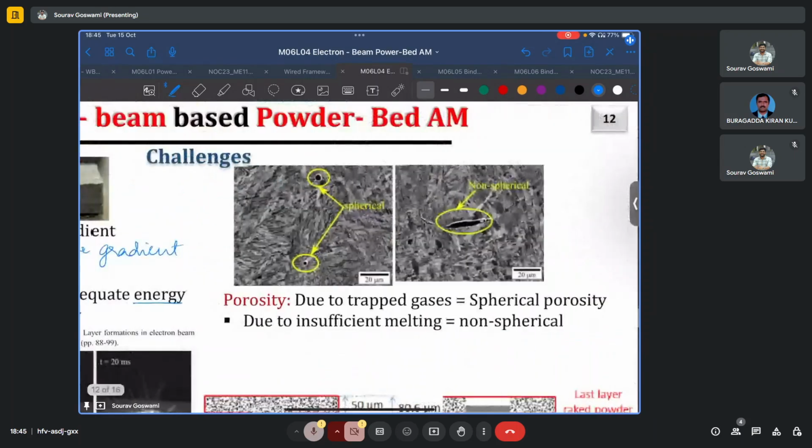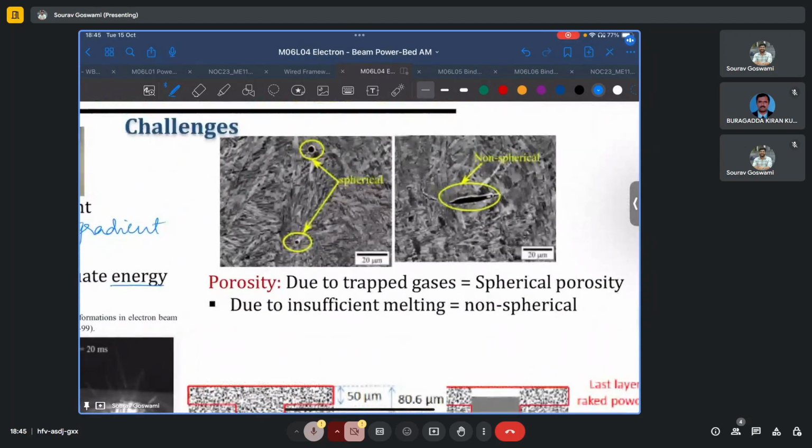Then there can be porosity, and as we discussed, porosity can be of two types. It can be either gas induced, which are typically spherical and small. Gas induced porosities are observed because in the liquid state, the metals have a higher solubility for gases.